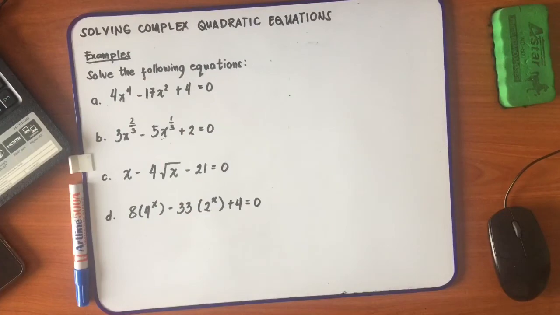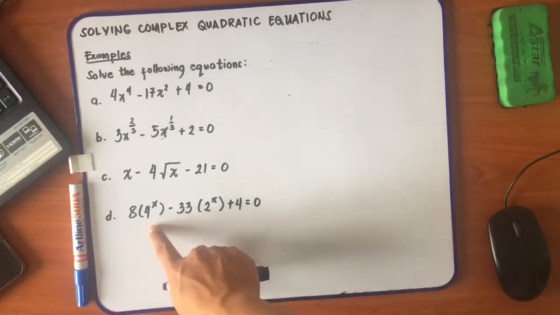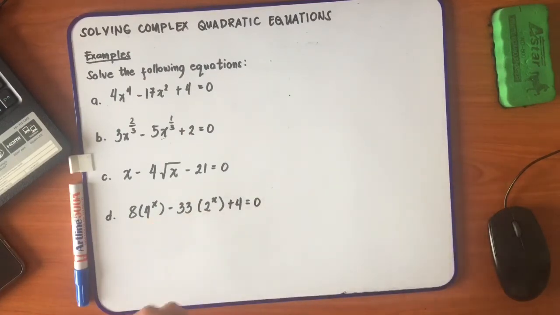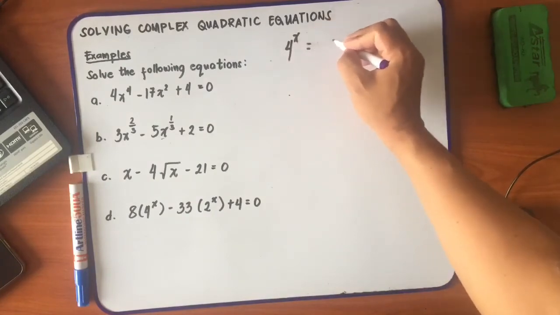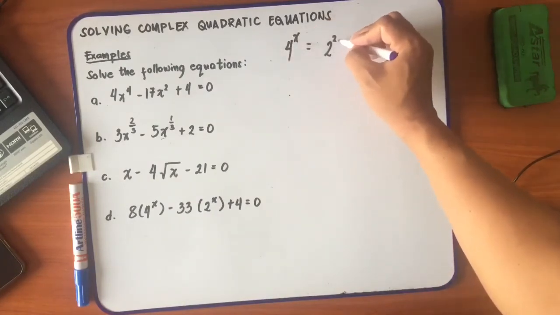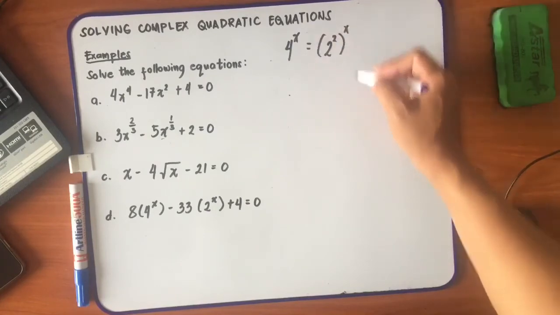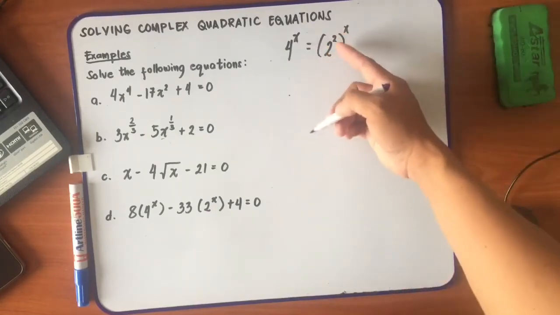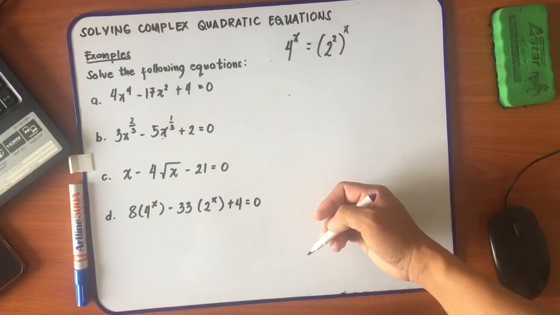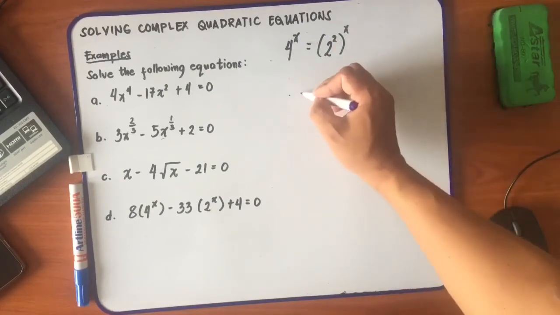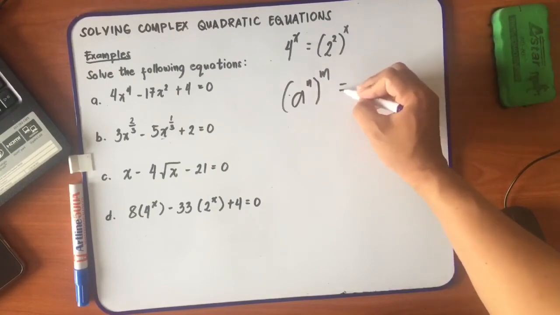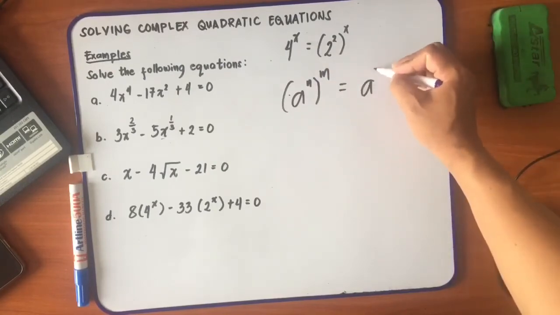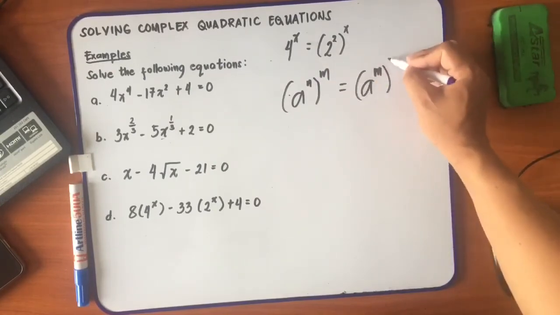This time, the term 4 to the power of x can be written as 2 to the power of 2, to the power of x. Remember, the 2 and x can be multiplied. Also remember that a to the power of n, to the power of m, is equivalent to a to the power of m, to the power of n.